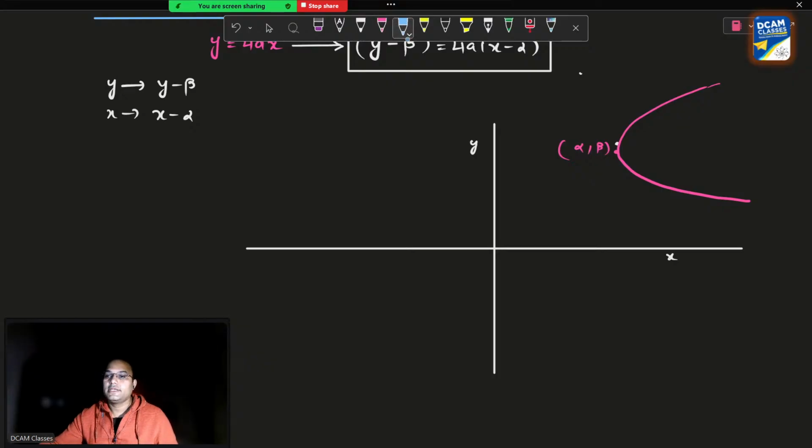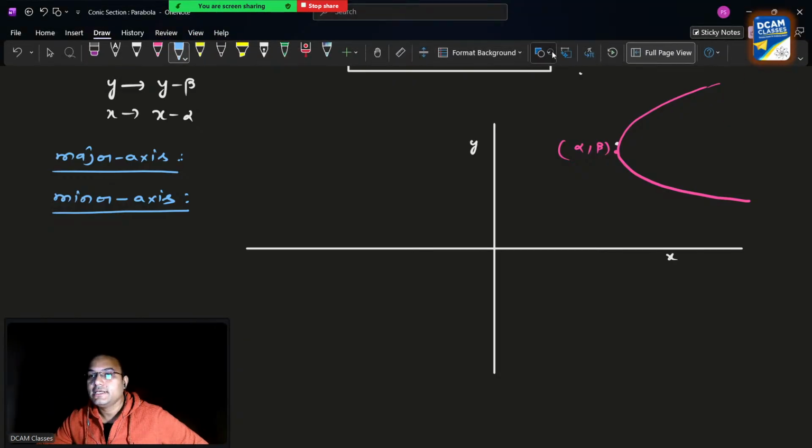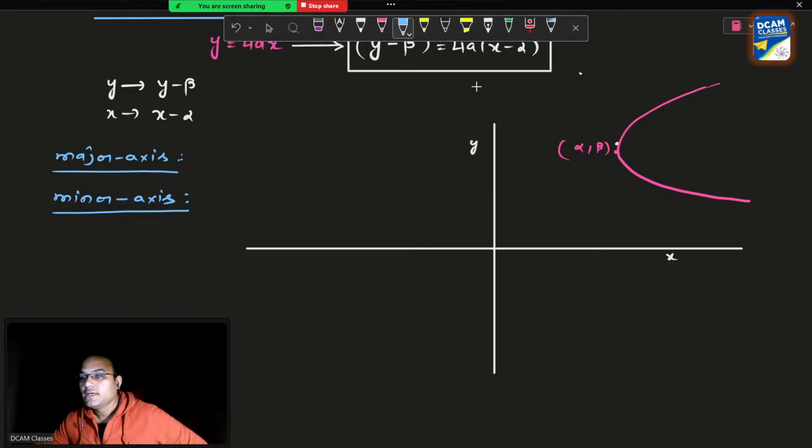Now my question in this case is, what is the major axis equation in this? First you tell me the major axis and minor axis equation. Obviously, for your help I can tell you, the major axis will be the one passing through the vertex parallel to the x-axis.